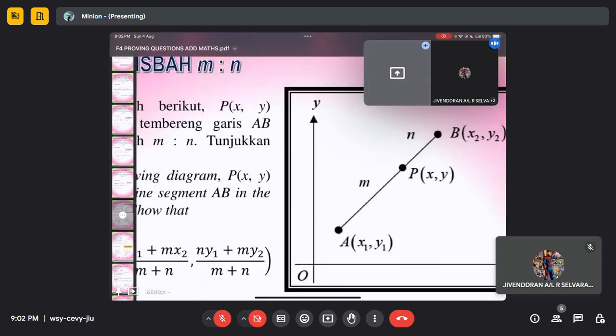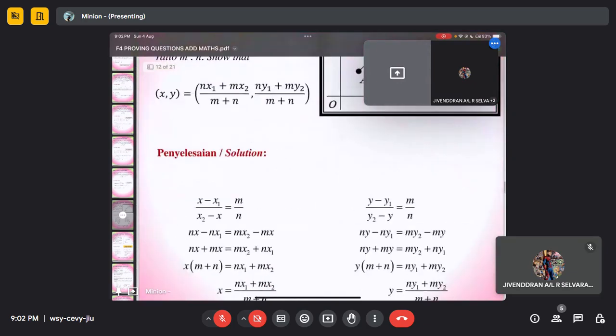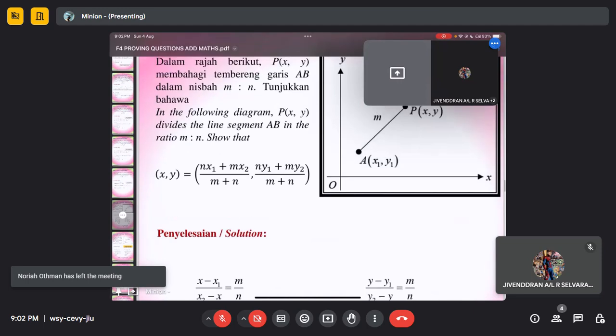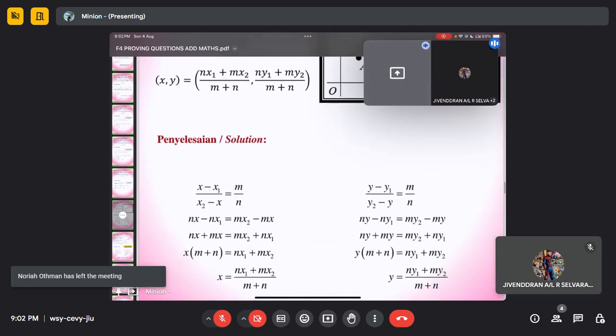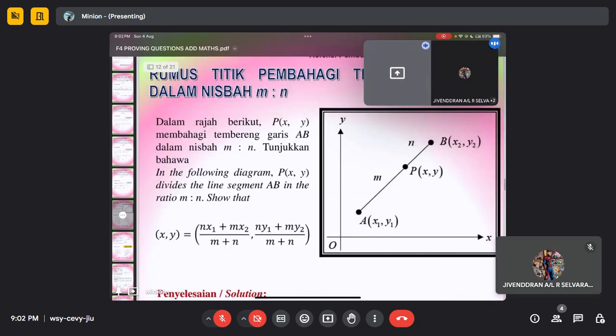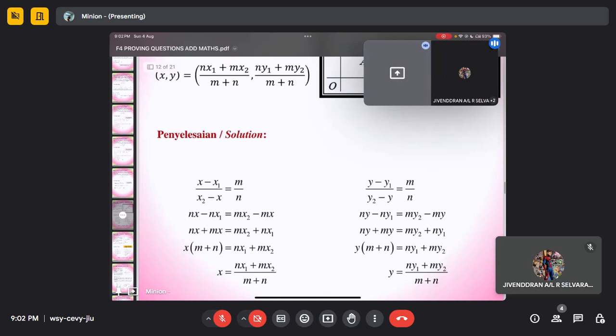Always take m and then only n. That's the order. Then nx minus nx1, just like x minus x1. This is the proving.